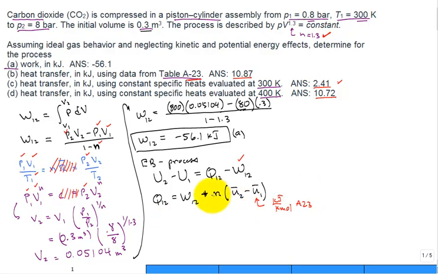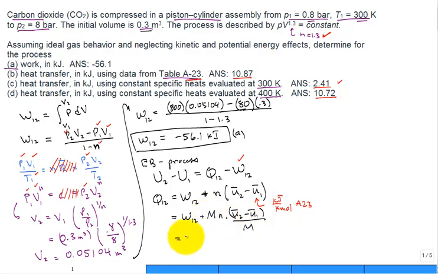You could also do it on a mass basis, but then all you're really doing is multiplying by the molar mass and dividing by the molar mass. So if we set Q equal to work 1 to 2 plus the molar mass times lowercase n, times U2 bar minus U1 bar, divided by the molar mass, we really didn't change the equation, we just put the molar mass in the numerator and the denominator.